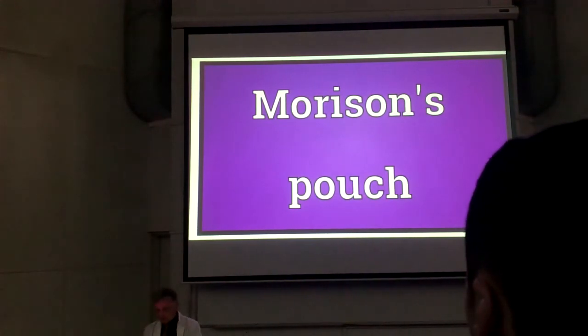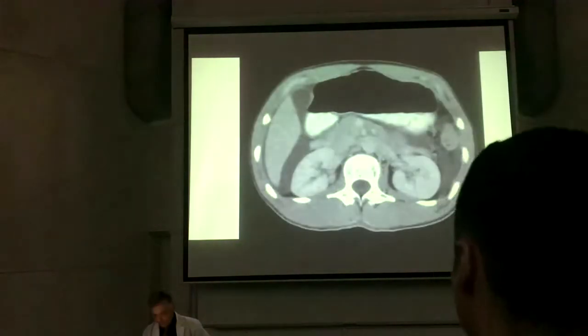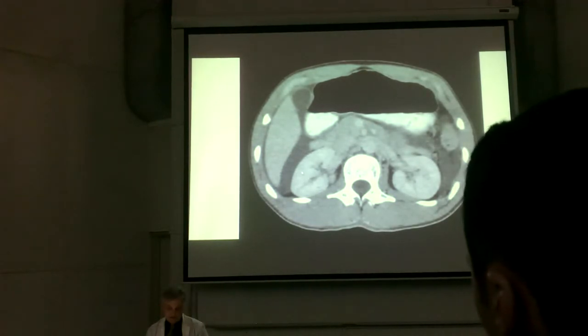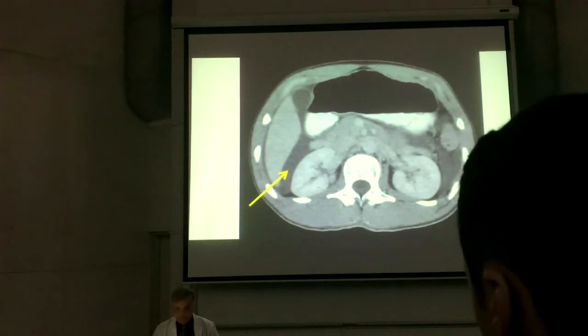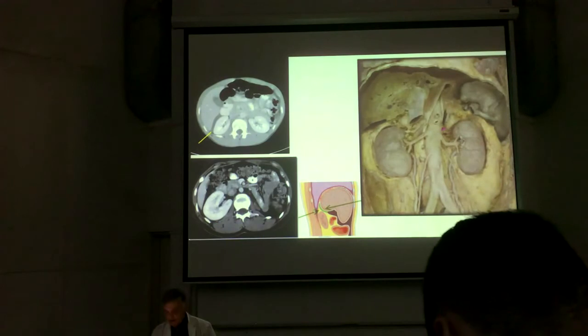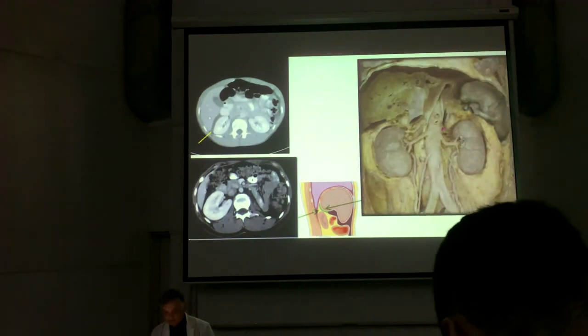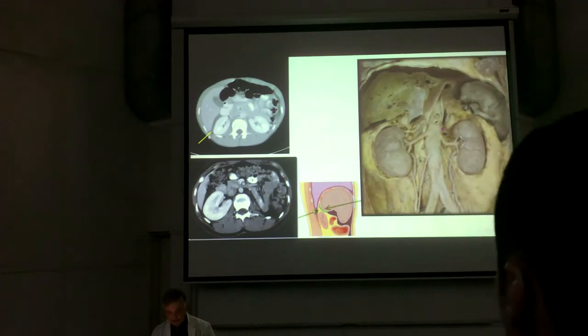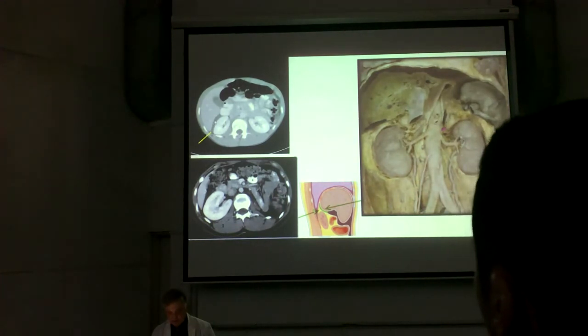In bold sentence, Morrison's pouch. It is the hepatorenal pouch. That's the liver here, and this is the kidney, and this is Morrison's pouch.